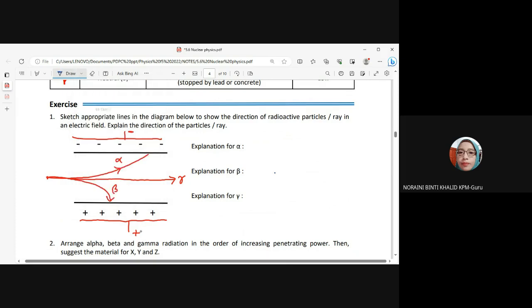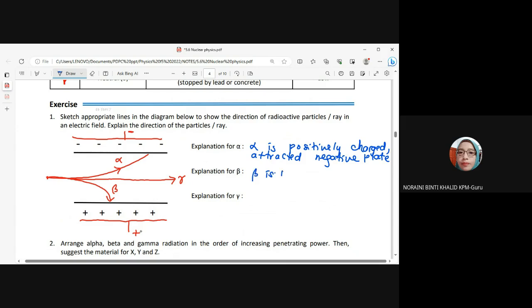Okay, explanation for alpha. Alpha is positively charged. Thus, it will be attracted to the negative plate. For beta, samalah cara penerangannya.